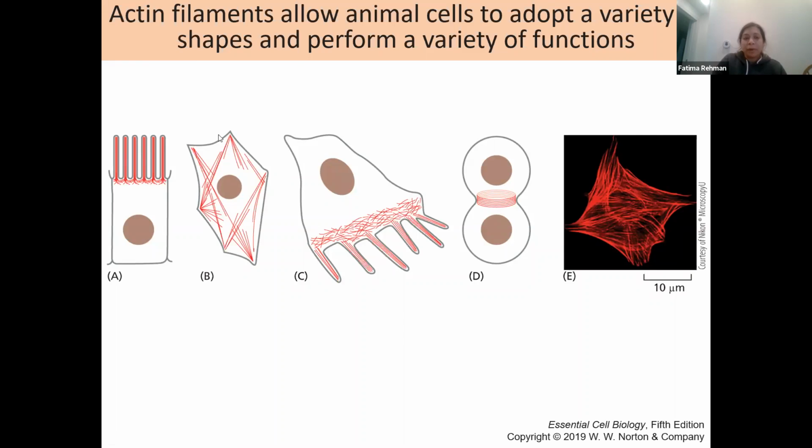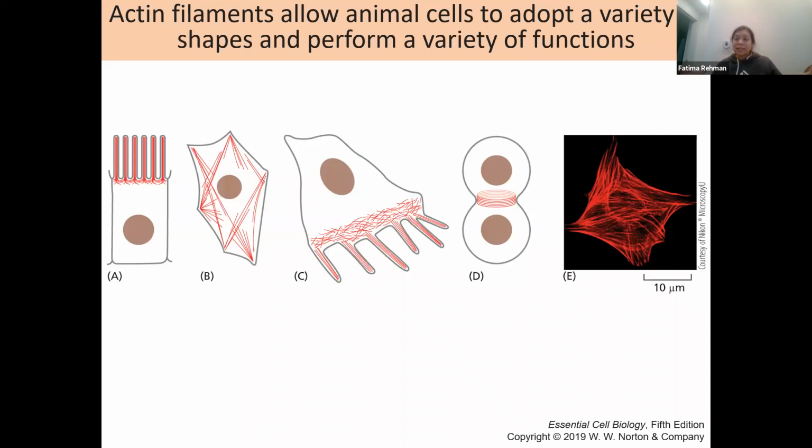So that's a big part of what it does. But it also has other types of functions as well, one of which we already kind of know about. That was the contractile ring in cytokinesis. It also can help with movement of the cell in a different way, and we'll talk about those as well.